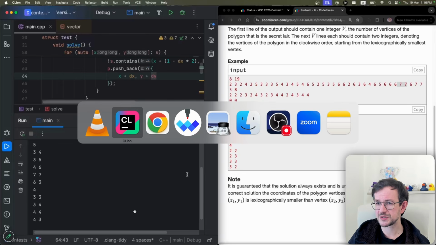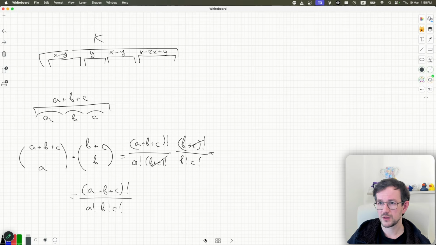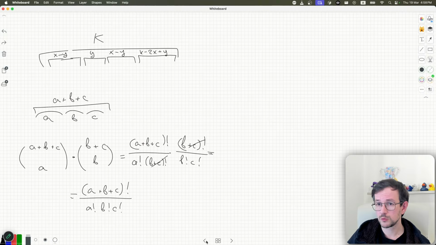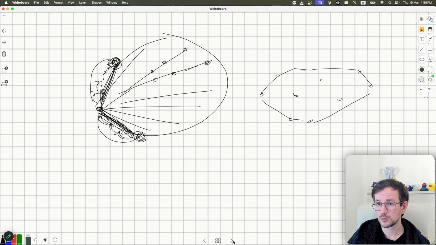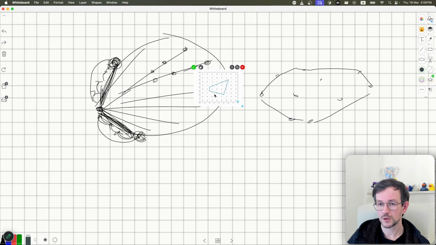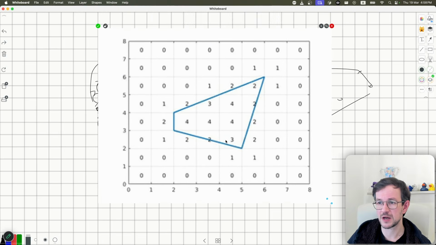So what's different in the last problem? Okay, where is it? Did I remove it? Let's copy it, one second. They don't give me these numbers.